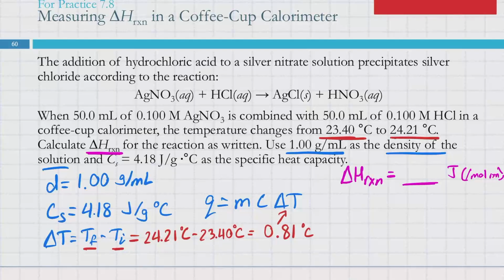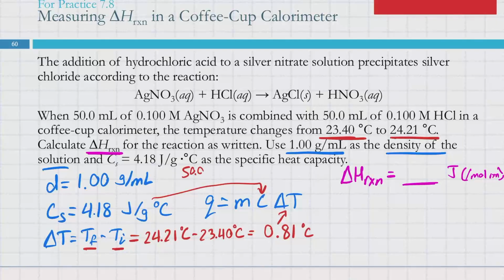So now we've got our delta T. We've got our C. Do we have M? Were we given any mass values? In density, so we have to convert. We would need milliliters to get to the grams. We've got 50 milliliters of each of the solutions. So together, that's 100 milliliters of solution.